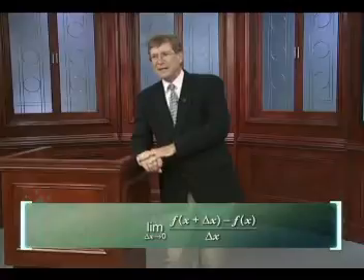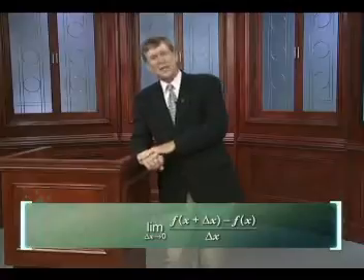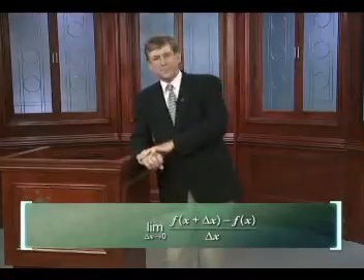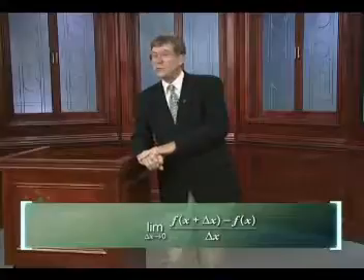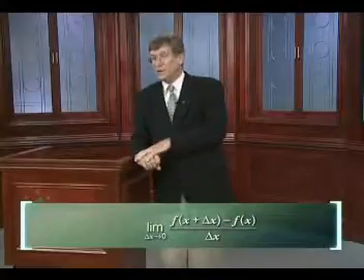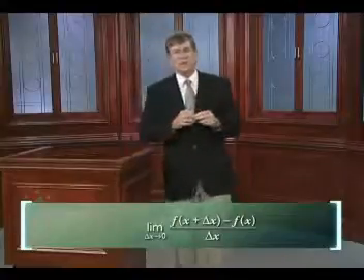I kind of slipped that in here, didn't I? This is the definition of derivative. It's nothing more than the following limit. Limit as delta x approaches 0 of the following quotient. In the numerator, it's f of x plus delta x minus f of x, and the denominator is delta x.